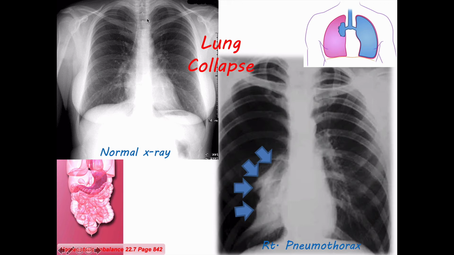Silhouette is an English word meaning the shadow. This length from here to here, and here to here, all this should be 3:1. If this length is not matching, maybe there is left ventricular enlargement. That is the cardiothoracic ratio. And this is the trachea.